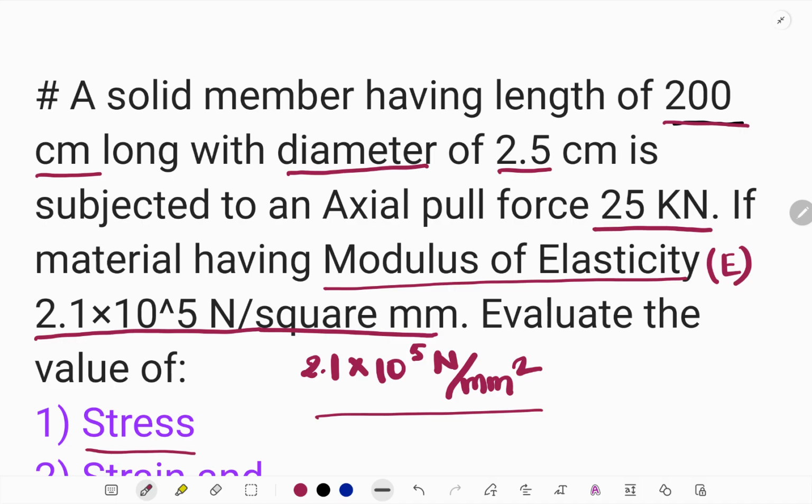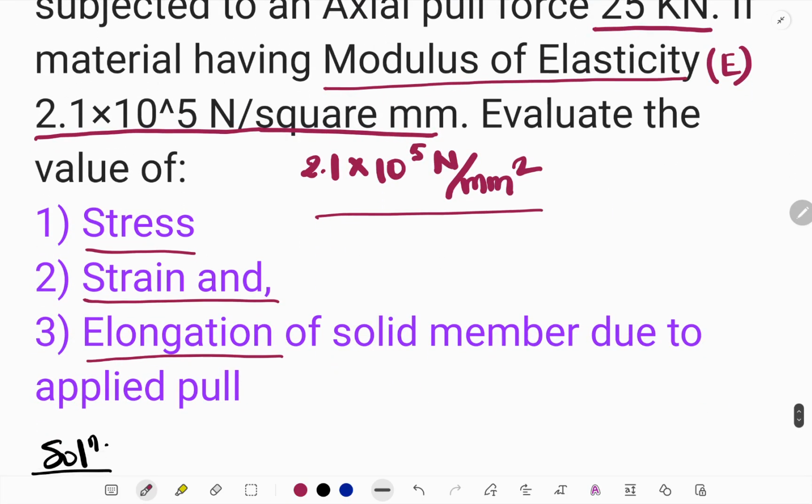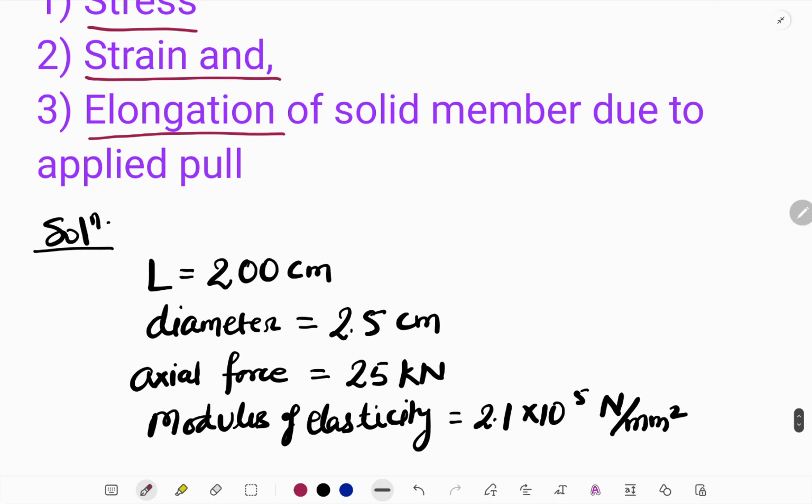Evaluate the value of, so here the dimensions are given in Newton and mm. So whatever other dimensions we have, we will convert them into mm and Newton. Here the length is equal to 200 centimeter, so converting into mm, 200 into 10 mm is equal to 2000 mm.